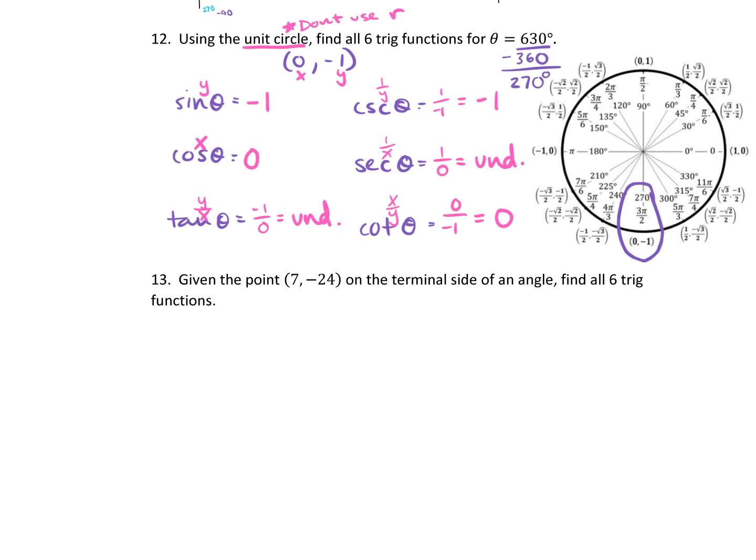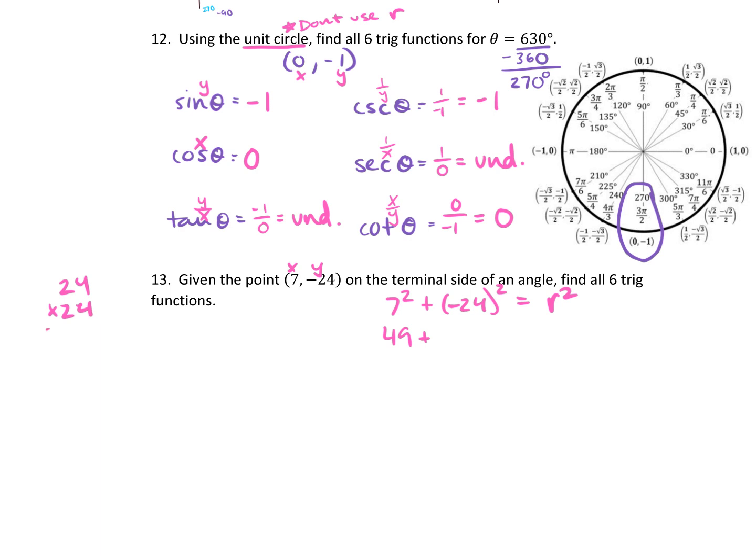So for 13, it's not on the unit circle, so we have to find r. So we have x, y, and we need to find r. To find r, we're going to use our Pythagorean theorem. So we know that 7 squared plus negative 24 squared is equal to r squared. 7 squared is 49 plus 24 squared.